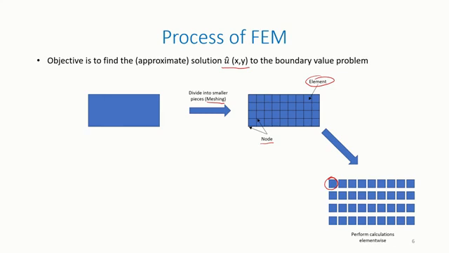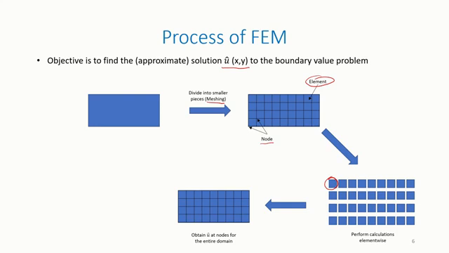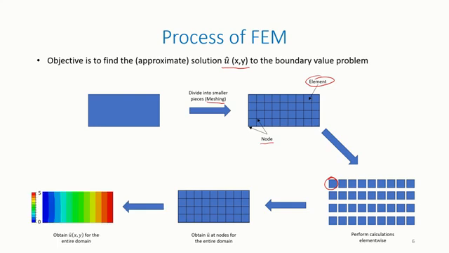Likewise, we do our calculations on all the elements separately. Next, we assemble all this information together and we obtain the solution u at all the nodes of the domain. Lastly, we do further calculations to obtain the field solution for the entire domain. That's the whole picture of FEM in layman terms. Basically, it follows the divide and conquer process.